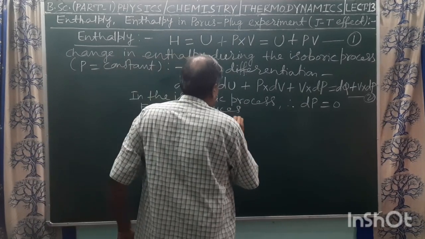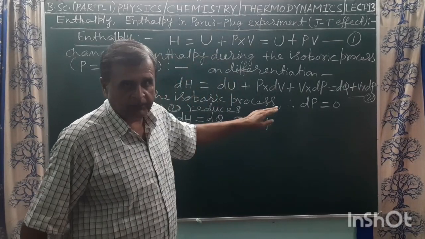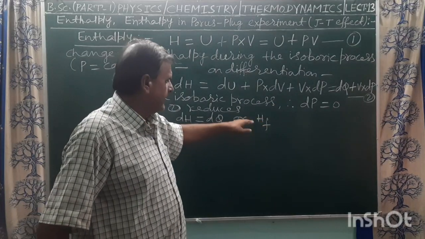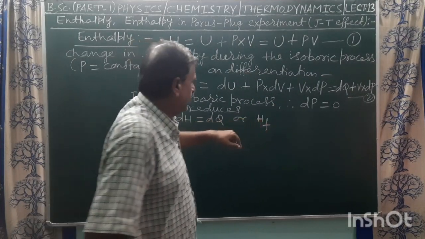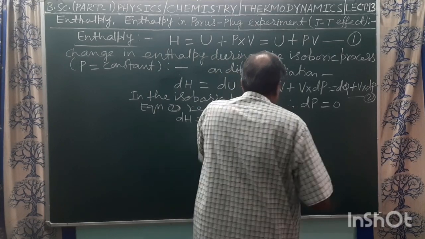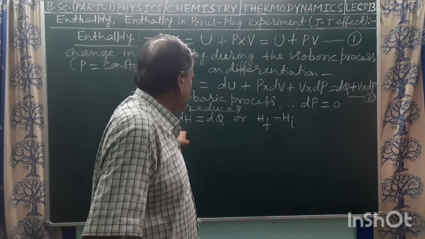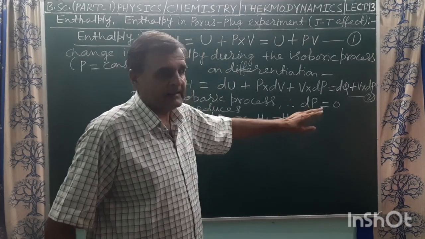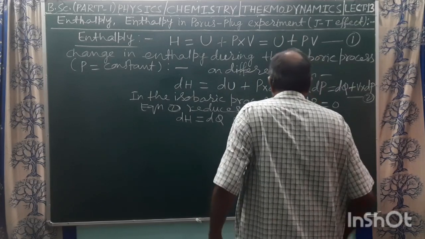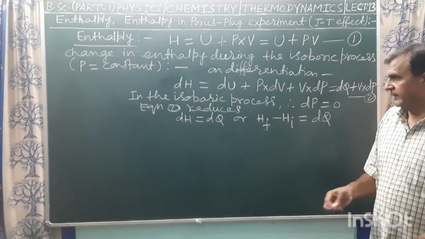In place of dH, we can write HF minus HI, where HF is the final enthalpy, capital H with suffix F, F for final, H is the symbol of enthalpy, and HI is the initial enthalpy. So change in enthalpy dH is equal to HF minus HI, and it is equal to dq, that is the heat transfer or energy available.